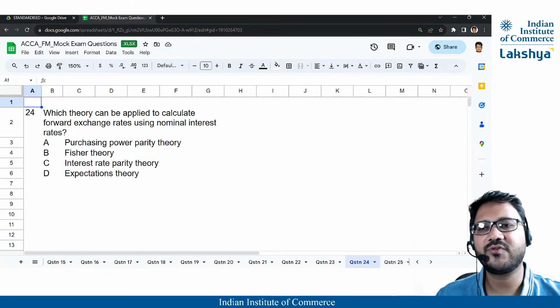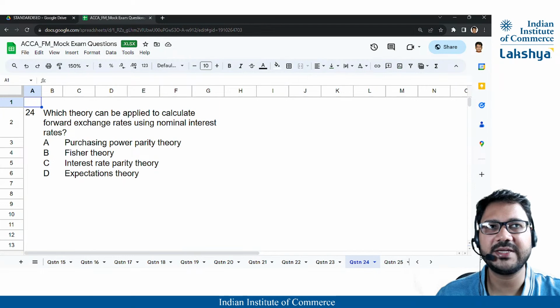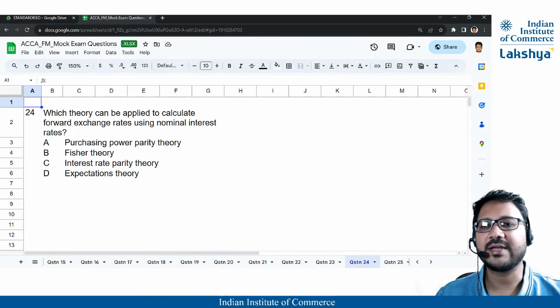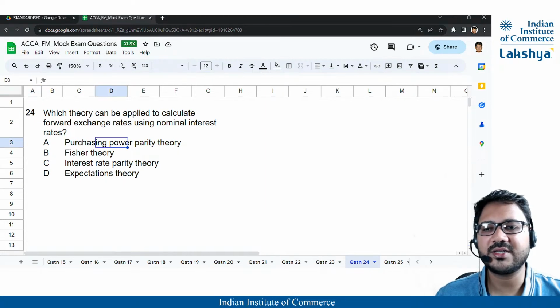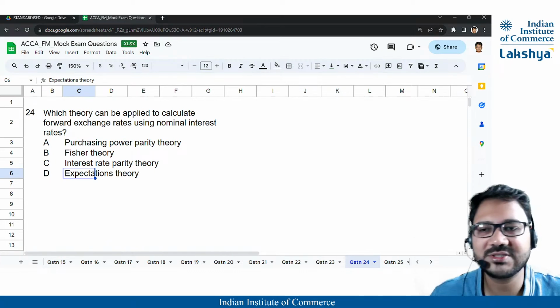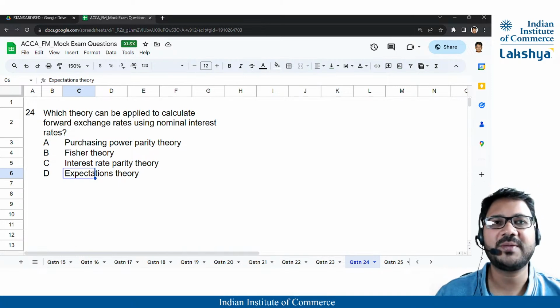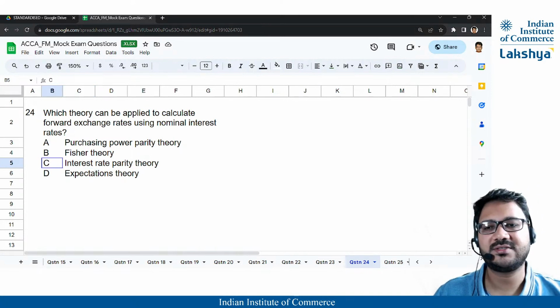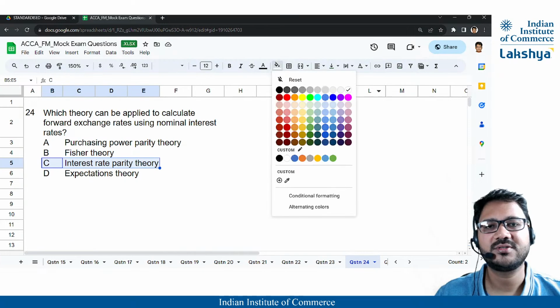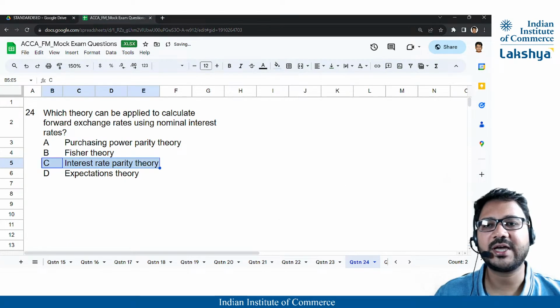Now question number 24. Which theory can be applied to calculate forward exchange rates using nominal interest rates? Purchasing power parity theory, Fisher's, IRPT, expectation theory. Whoever remembers this theory would easily get this. This one is IRPT. IRPT gives us forward rates, whereas PPPT gives us future rate.